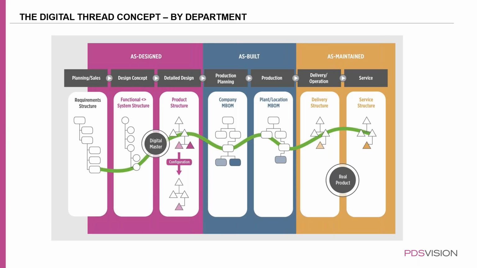When we move into the next category, it slowly functions into the production planning, and then we do the production where we have plant location, we have our MBOMs, and then slowly we go into maintenance, where we have our service, our delivery operations, and so on. You can see how this sinusoidal wave slowly progresses through each of these categories.